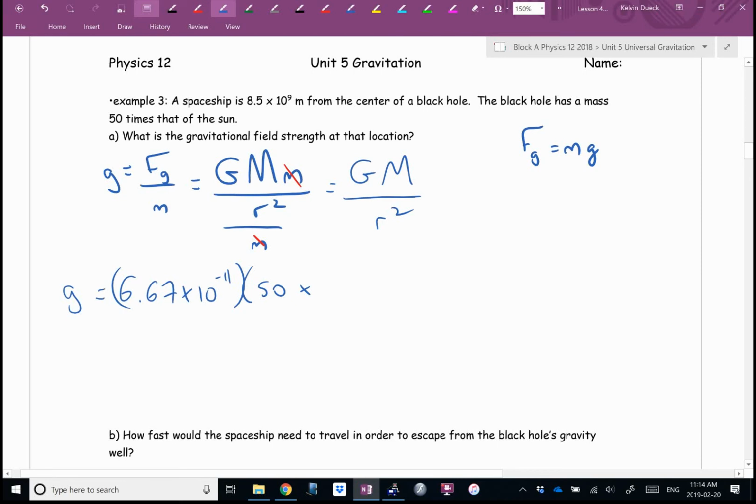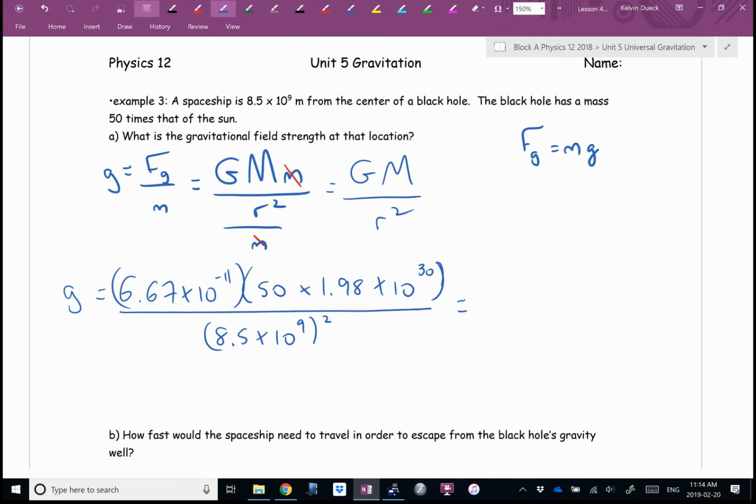I think it's 1.98 times 10 to the 30, divided by 8.5 times 10 to the 9th squared. We're talking a black hole. Maybe we'll have a big gravitational field. I don't know. What'd you get? I really would encourage all of you to practice typing these in.